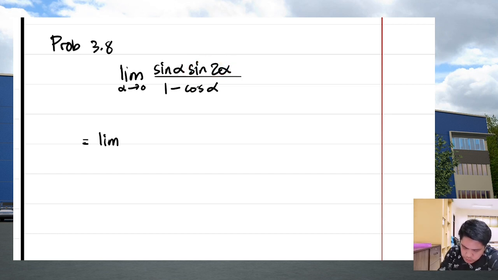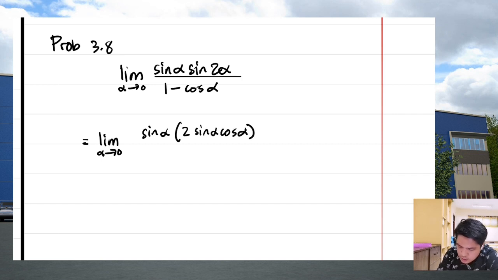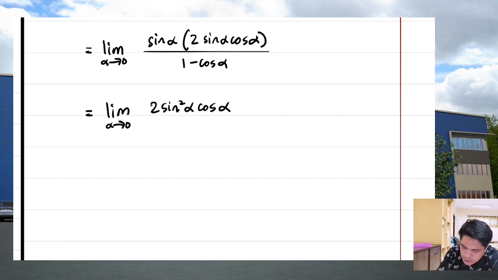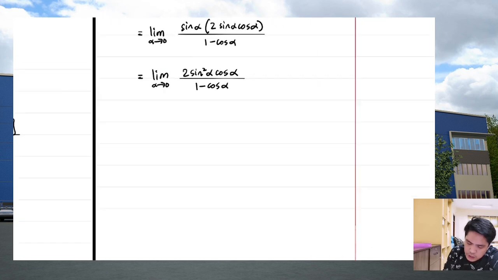So if you recall again, double angle for sine, we have sine alpha, then double angle for sine is 2 sine alpha cosine alpha, then divided by 1 minus cosine alpha. So we have the limit as alpha approaches 0. So this becomes 2 times sine alpha times sine alpha. So we have 2 sine squared alpha cosine alpha divided by 1 minus cosine alpha. Okay, what's next?